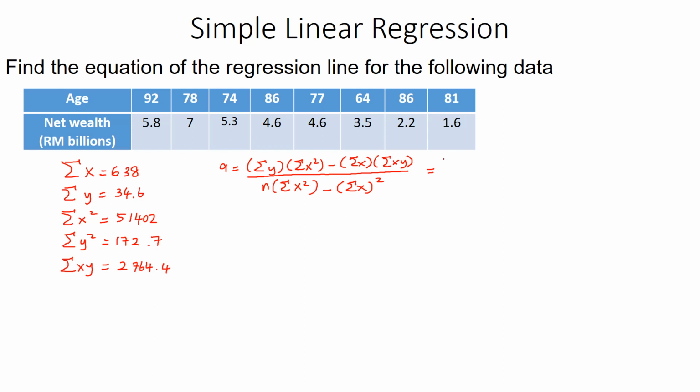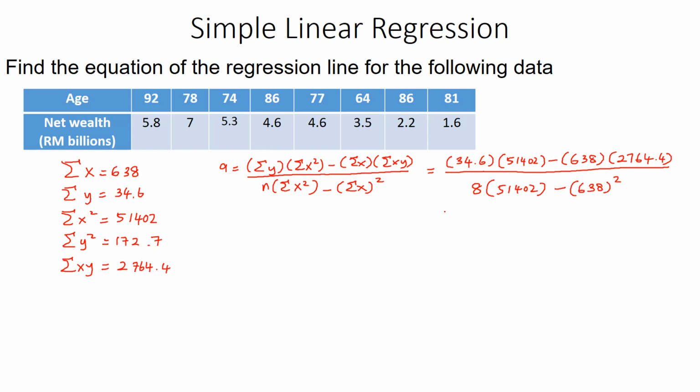The sum of y is 34.6 multiplied by the sum of x squared, which is 51402, minus the sum of x, which is 638, multiplied by the sum of xy, which is 2764.4, divided by n, which is 8, multiplied by the sum of x square, 51402, minus the sum of x, which is 638, and all this you have to square.